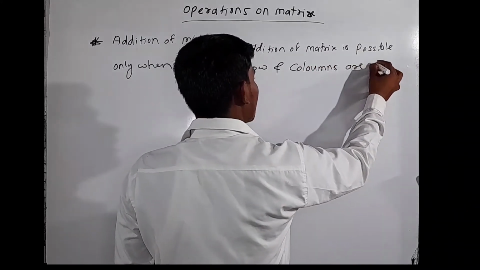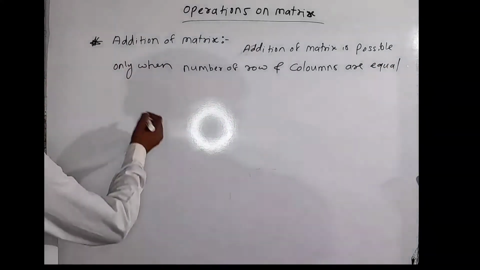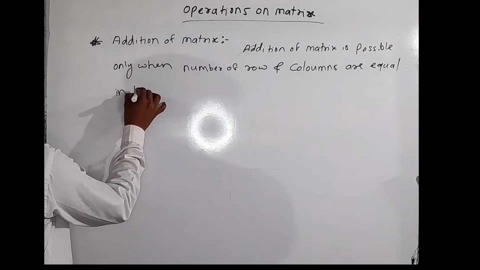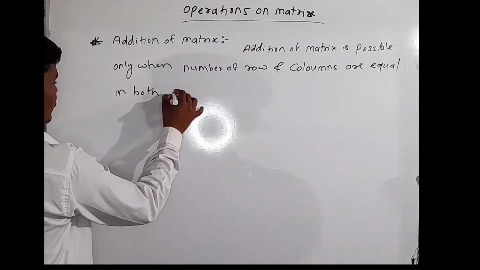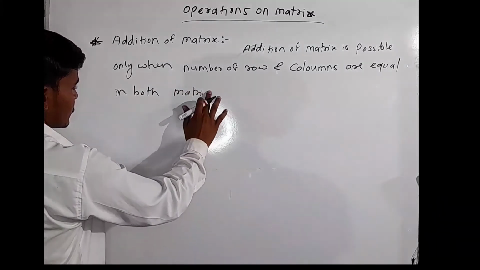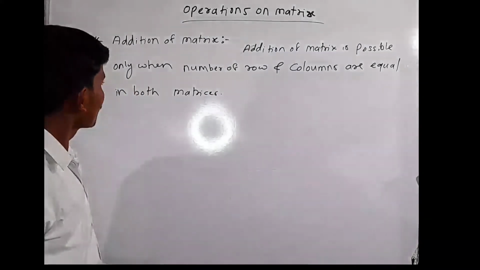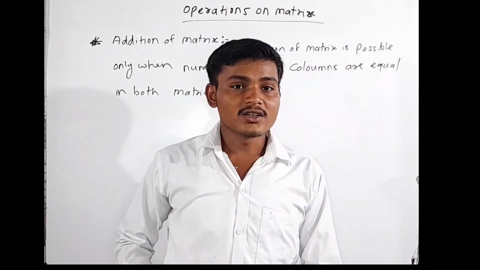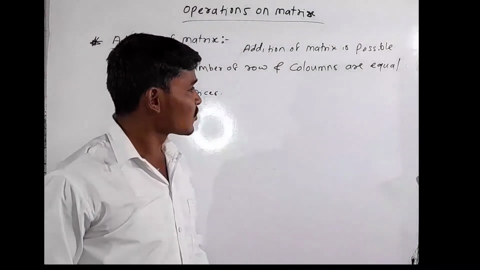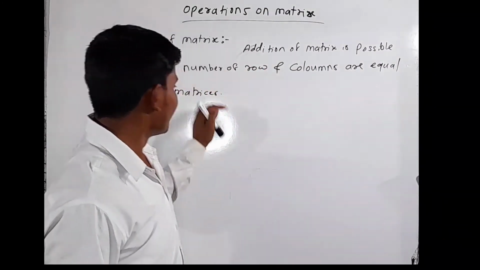While making addition of matrix, the number of rows and number of columns should be equal in both the matrices.